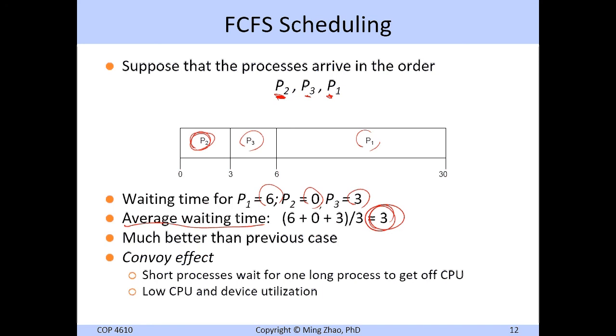So this problem that we see here, the huge impact caused by the arriving order, is the so-called convoy effect.